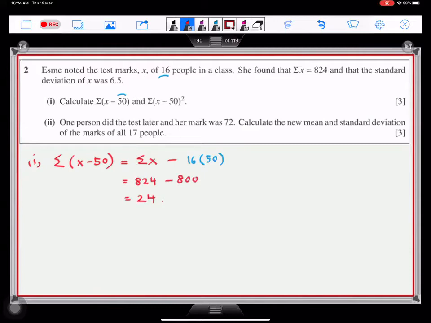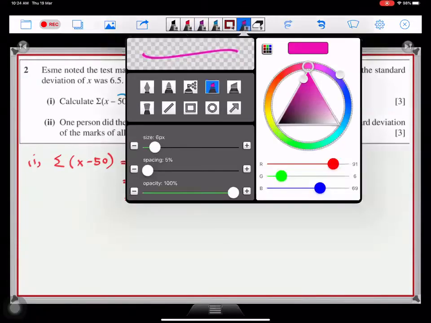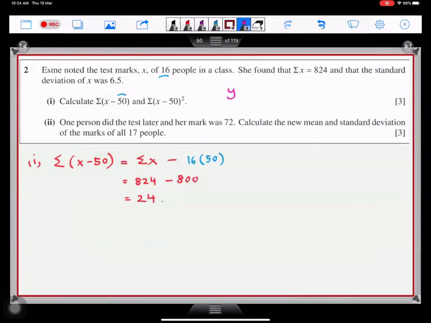Now, basically, the substitution that we are using is y equals x minus 50. Agreed? So sigma x minus 50 is sigma y, and sigma (x minus 50) square is sigma y square. I cannot calculate sigma (x minus 50) whole square without the original data.